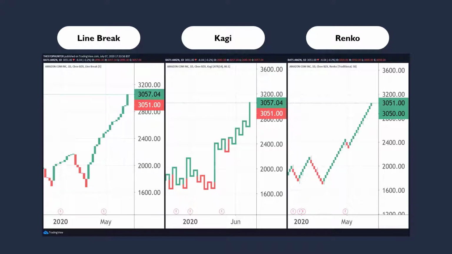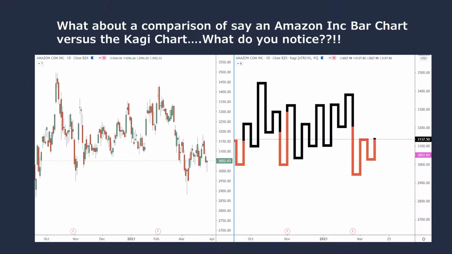Now I've used Amazon Inc., the American mega corporation, to compare those different types, but to really see the true value of the Kagi chart, we can compare it back to the standard candlestick chart. Again, Amazon Inc. is used for the comparison. On the left a candlestick chart, on the right the Kagi chart, same again period of price data.